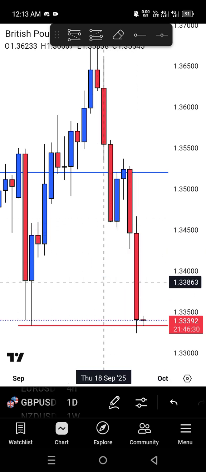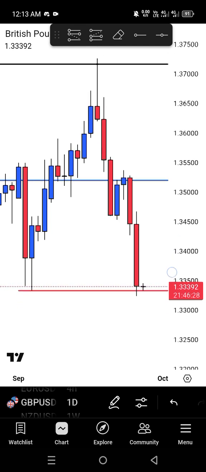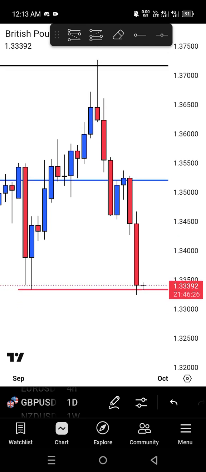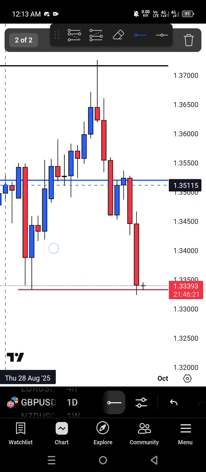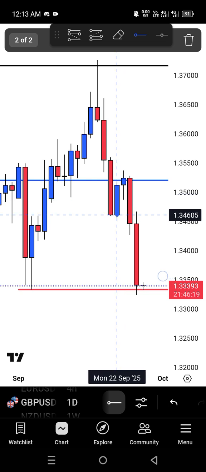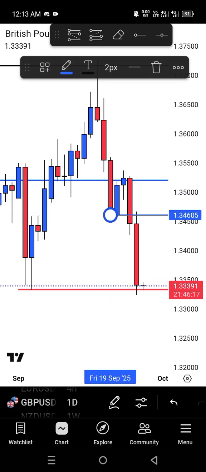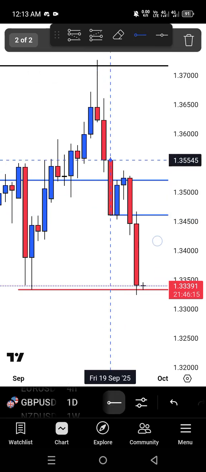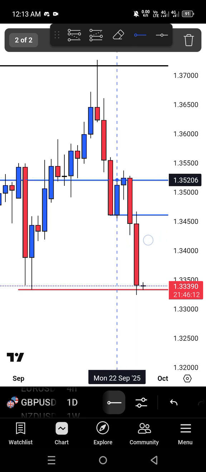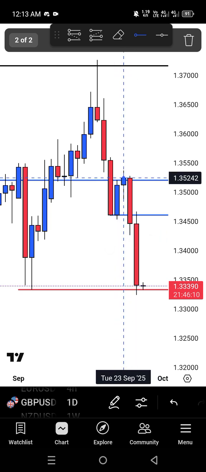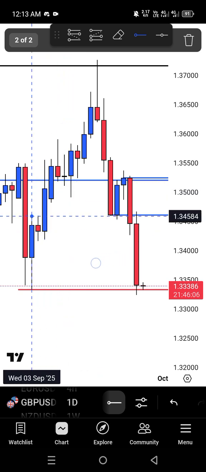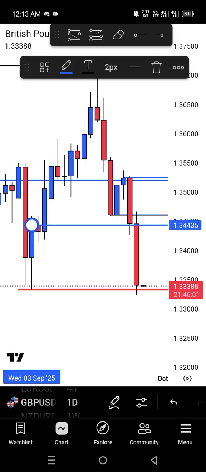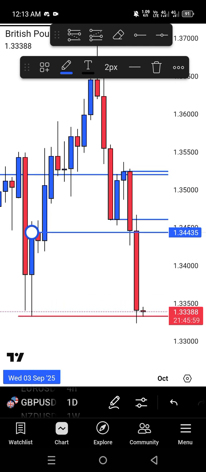What we have to do now is the same thing we did on the weekly: mark out the key levels. This is a key level right here, and this is also a key level right here, and another key level right here, and another key level right here, which the market didn't do much.